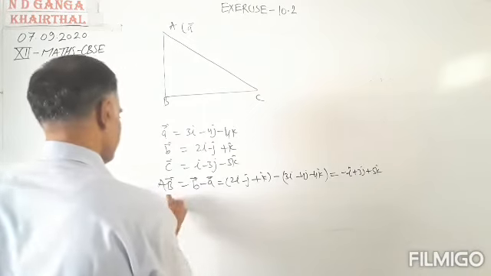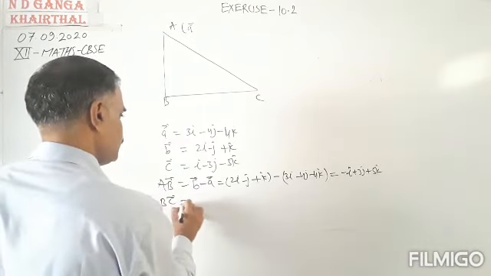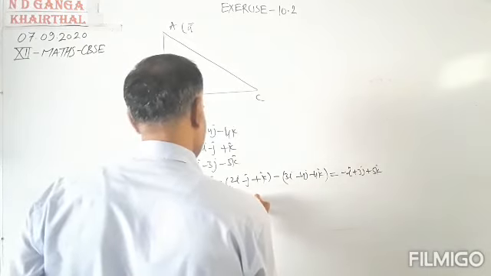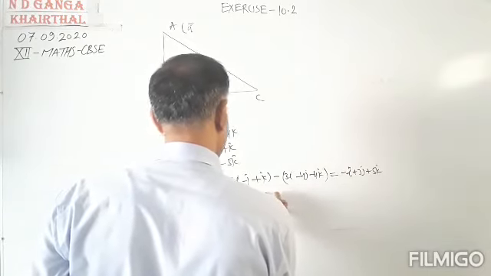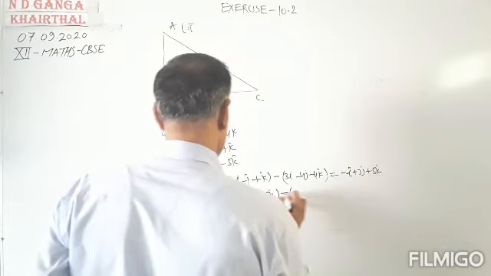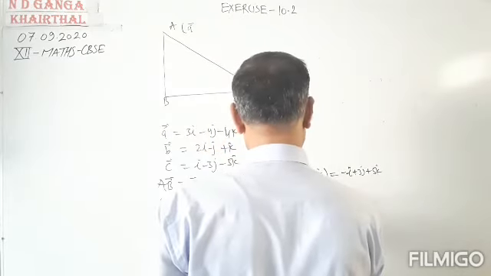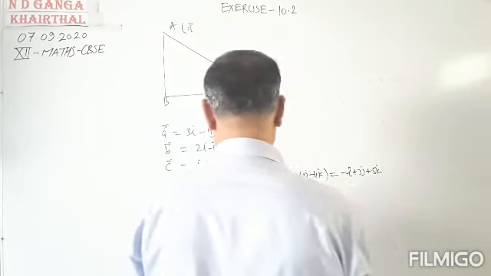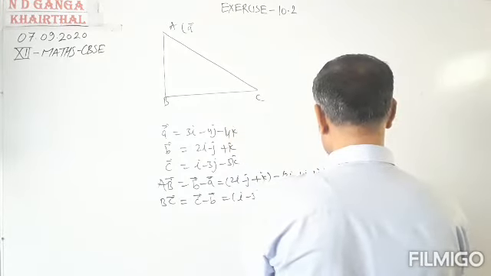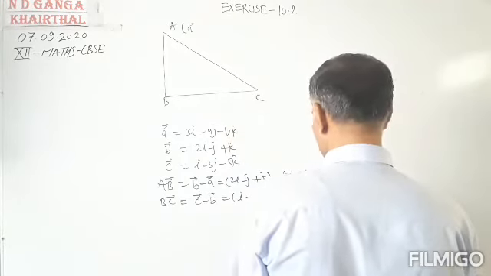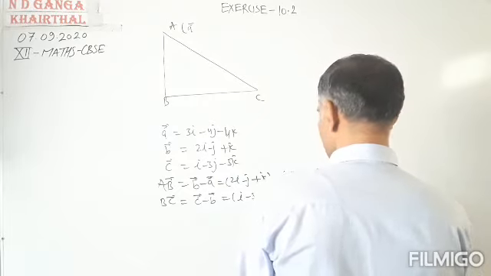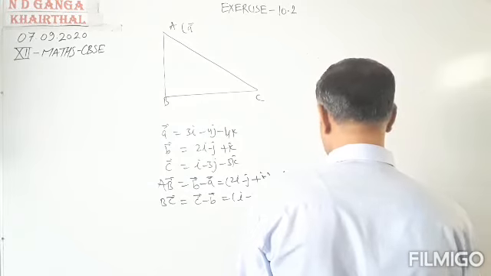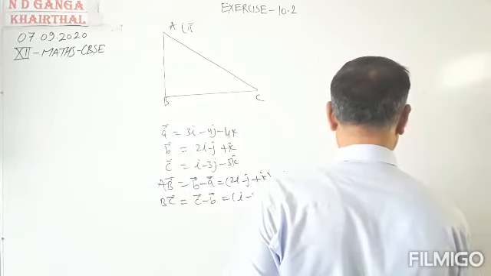Now BC vector equals C vector minus B vector, that is i cap minus 3j cap minus 5k cap minus B vector, that is 2i cap minus j cap plus k cap, which is i minus 2i, that is minus i, minus 3j plus j, minus 2j, minus 5k minus k, minus 6k.